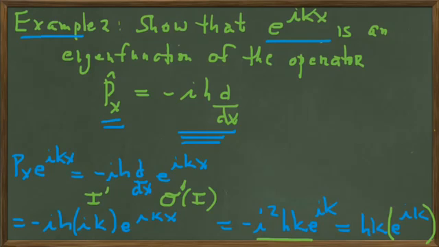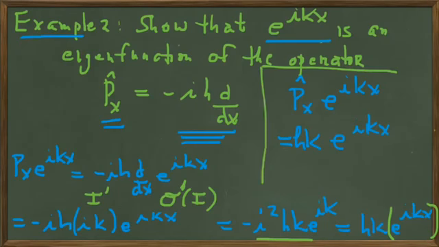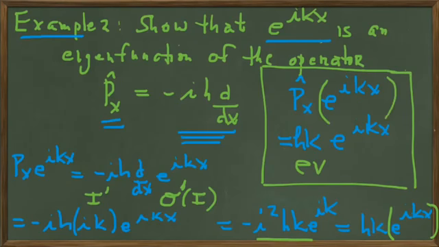So summarizing, the operator p sub x applied to the function e to the ikx gives us hk times e to the ikx, and that means that hk is the eigenvalue, and of course e to the ikx was our eigenfunction.